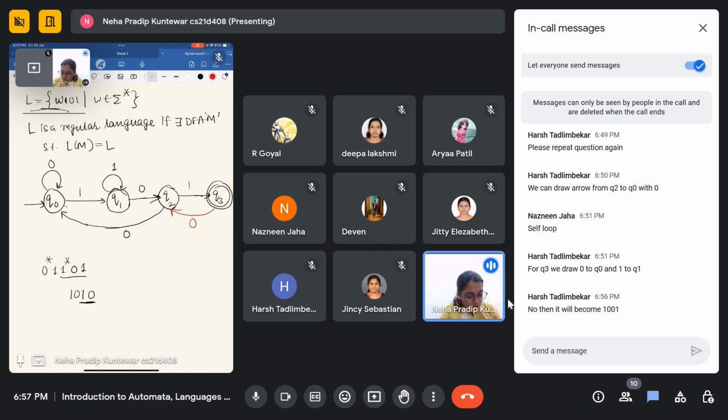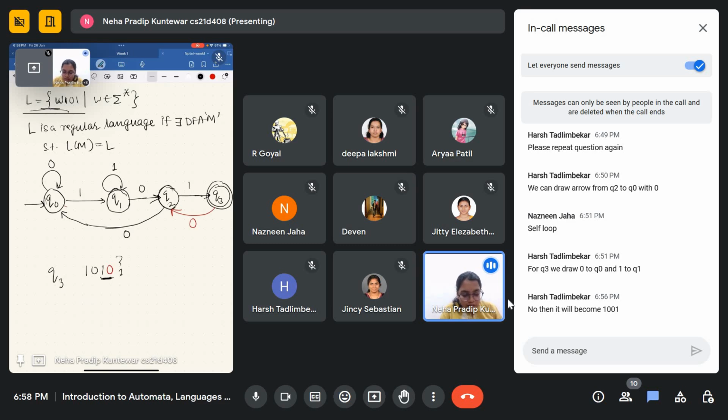Okay. So maybe I'll just repeat it once again. If you are at state Q3, then you have definitely read 101. And if you read a 0 again, then it's as good as you've already read a 10 and you're looking for a 1.